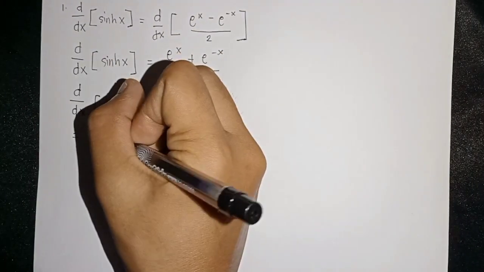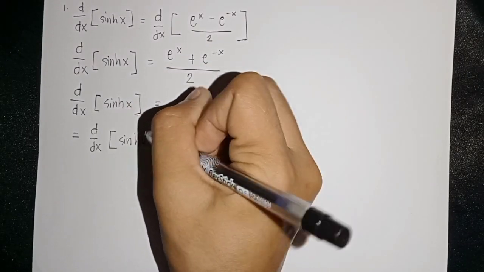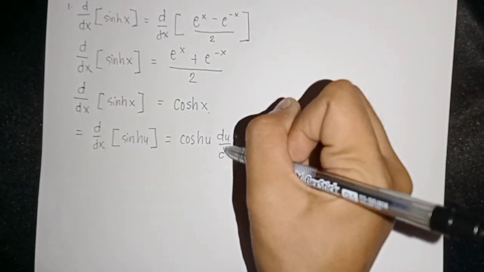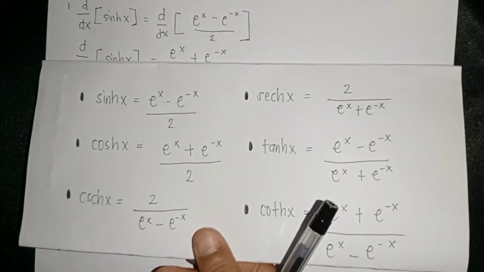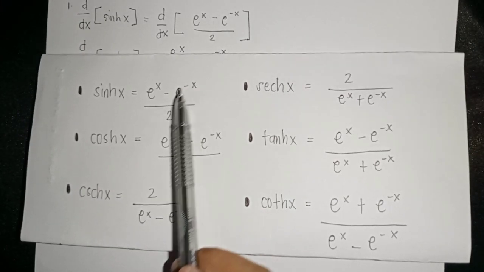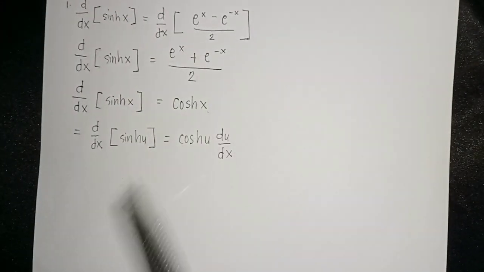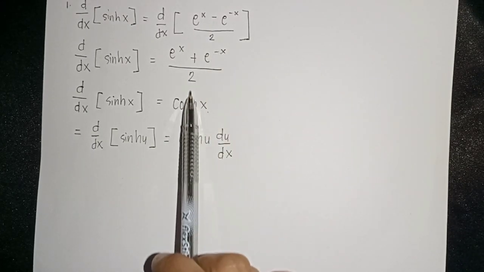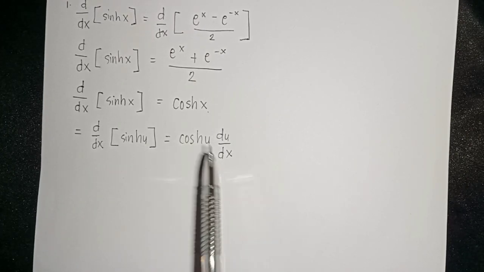So, in general, the derivative of hyperbolic sine u with respect to x is equal to hyperbolic cosine u times du over dx, for the reason that hyperbolic sine x is equal to e raised to x minus e raised to negative x all over 2, and we can see here that its derivative, e raised to x plus e raised to negative x all over 2, is equal to hyperbolic cosine x.